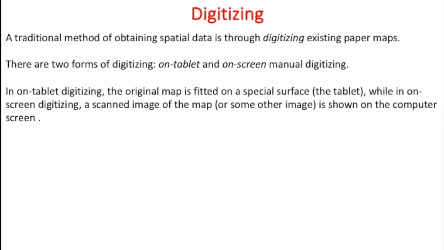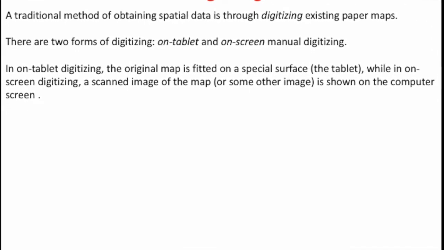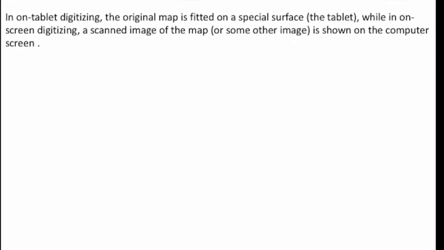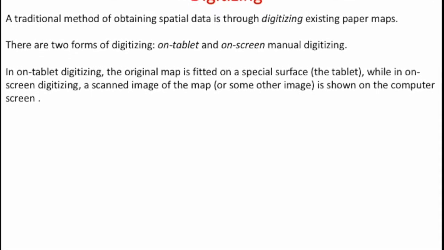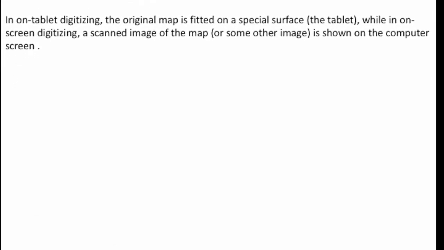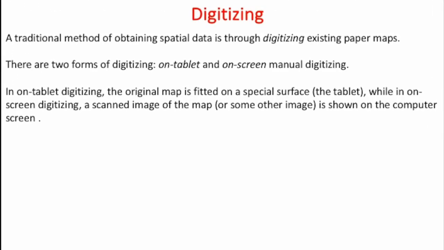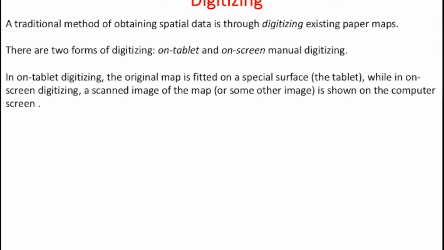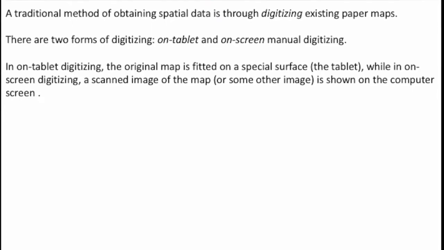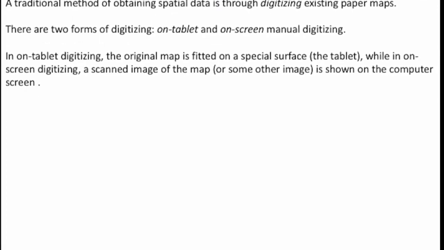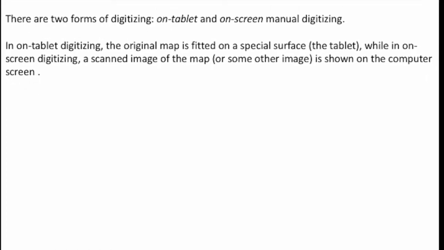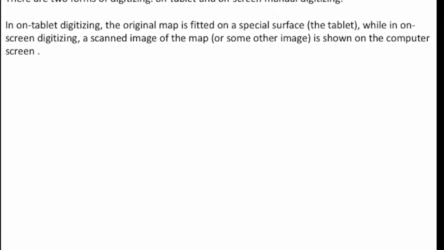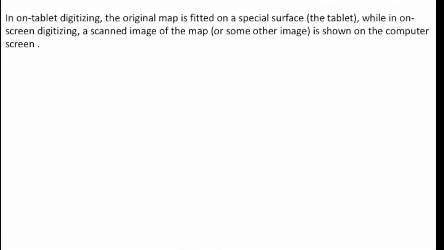Therefore, it is easier and more comfortable to work on screen, with zoom in and zoom out operations and ease of editing compared to a tablet. A tablet is typically used to trace and digitize. We enter coordinate information through the digitizing tablet, and a backlit surface allows all features on the map to be easily observed and reduces eye strain.